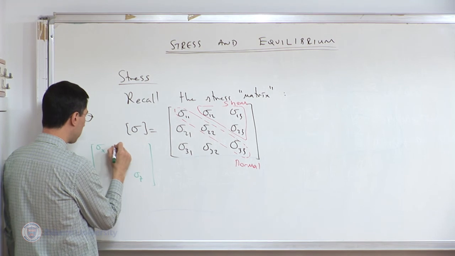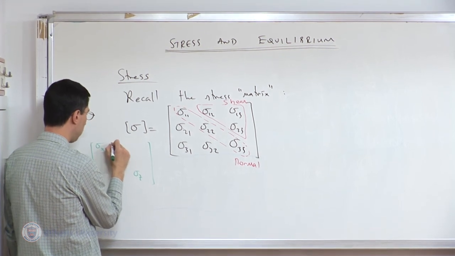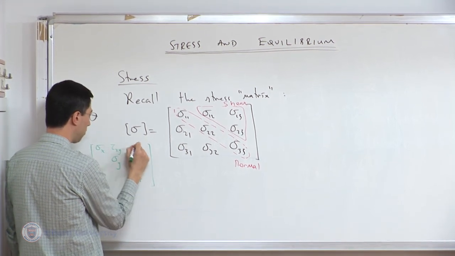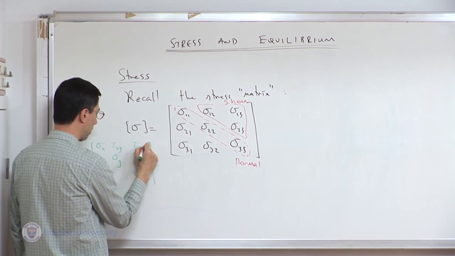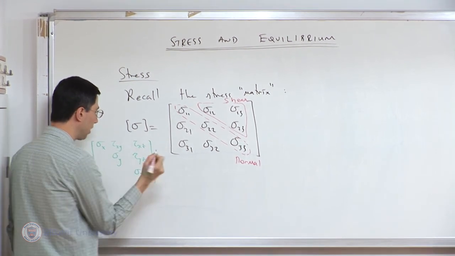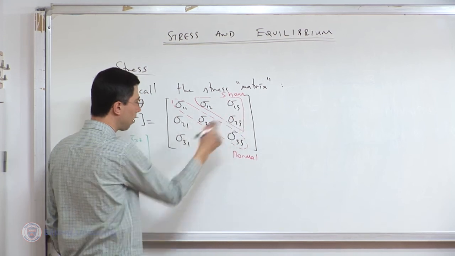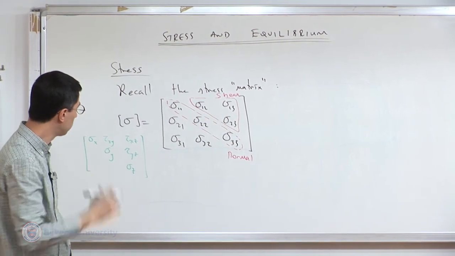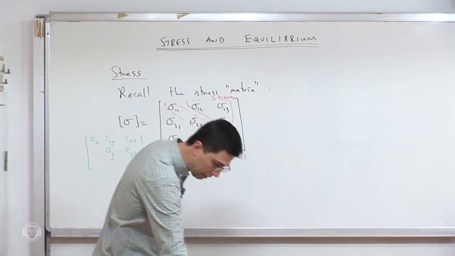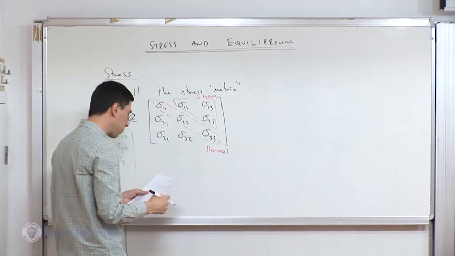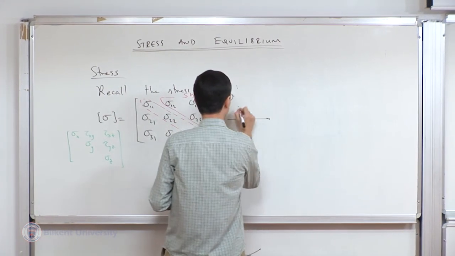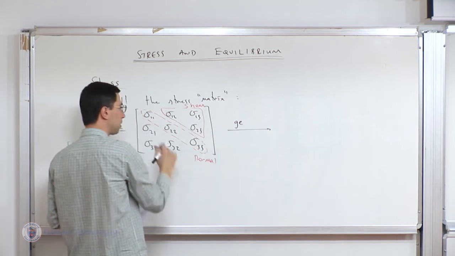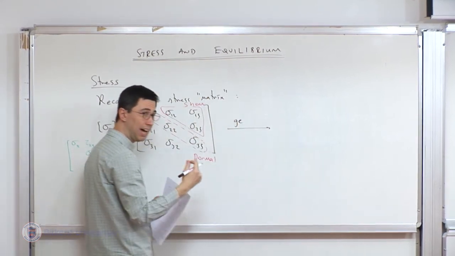And for shear components, for strain as well, we used to have a special notation. For stress, it was tau xy, tau xz, tau yz, etc. And now I'm using the same notation for all components of the stress. So this is our now slightly updated notation. Okay, so this is the matrix representation of the stress at a point, right?